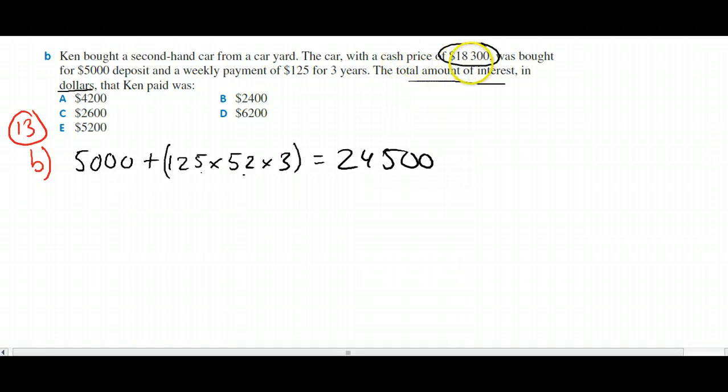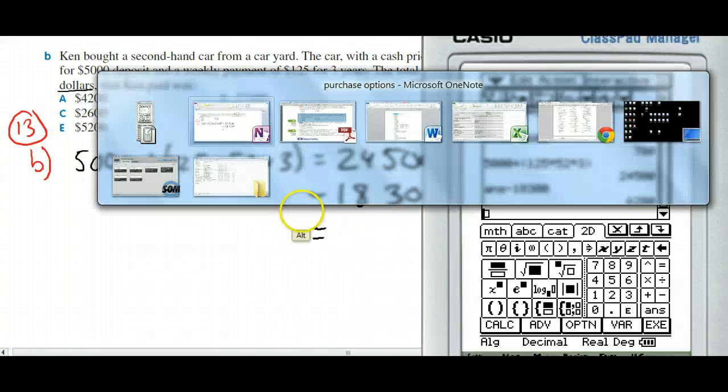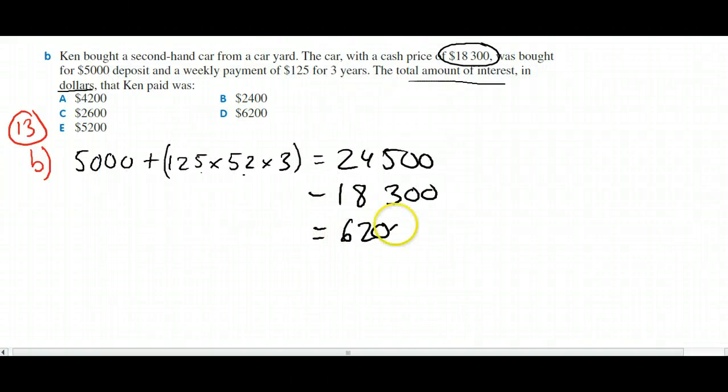And if the cash price was that, if we take that away, that difference between those two will be the amount of interest. So let's do that minus 18,300, and the difference is 6,200. So that's the amount that he had to pay in interest, $6,200. There it is, answer D.